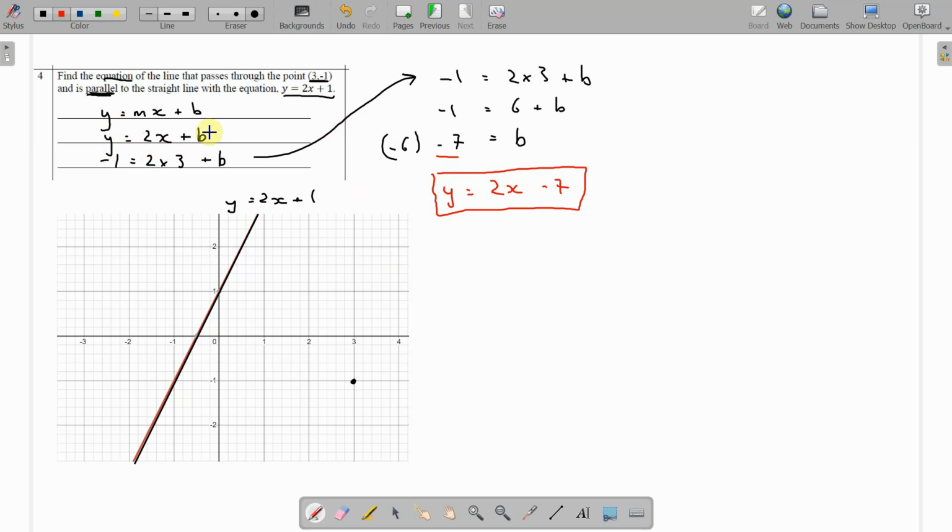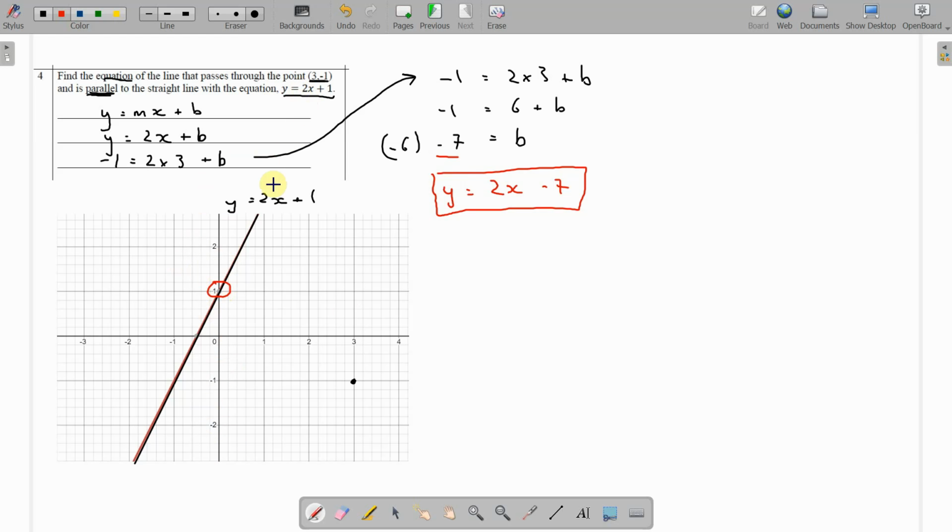So we can begin the transformation to the new equation by putting y equals 2x, just like the first one. The difference is, because it's parallel, it's over here somewhere, and that plus b is where this new line crosses this here. For this equation, 2x plus 1 is passing through this plus 1. So you've got to have two conditions, the slope or gradient and where it crosses here.